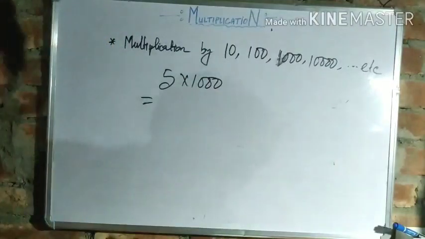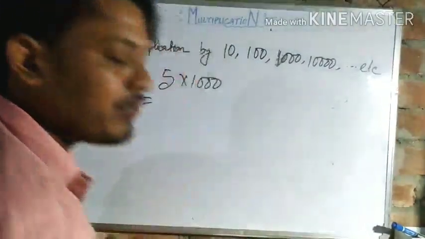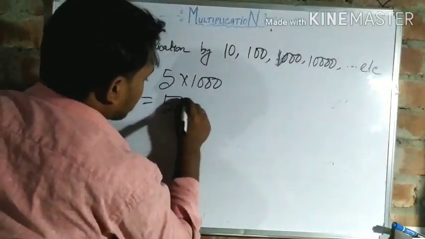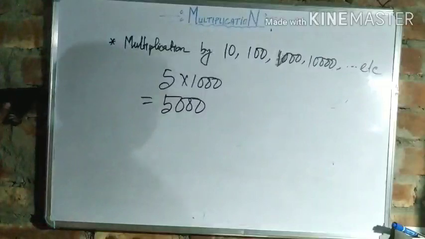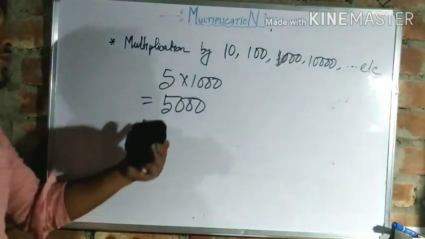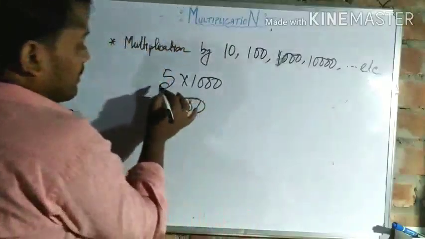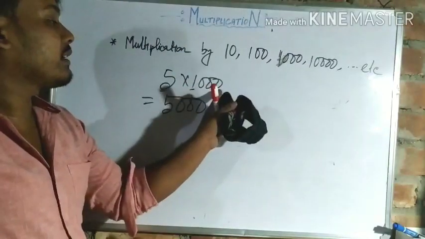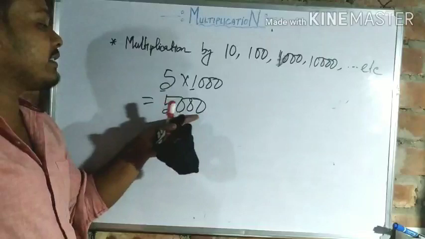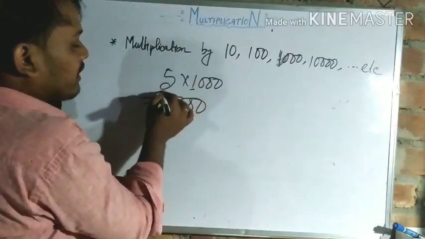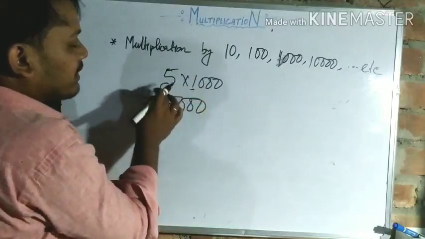What is the value? 1000 into 5 is 5000. It is the result. So what is the actual rule? We multiply and put all the zeros at the last. Or you can directly put the zeros at the last of the number.